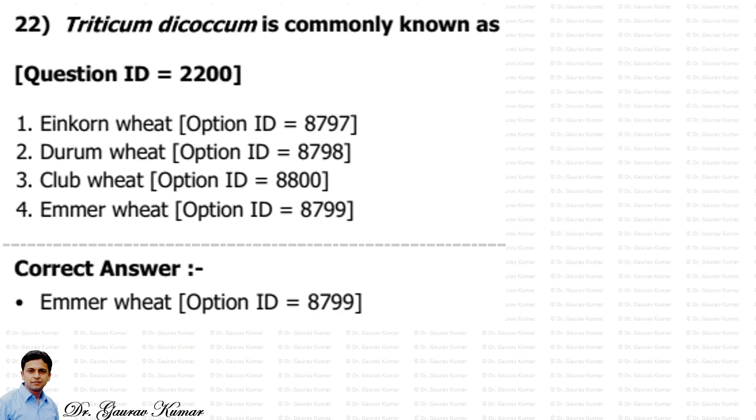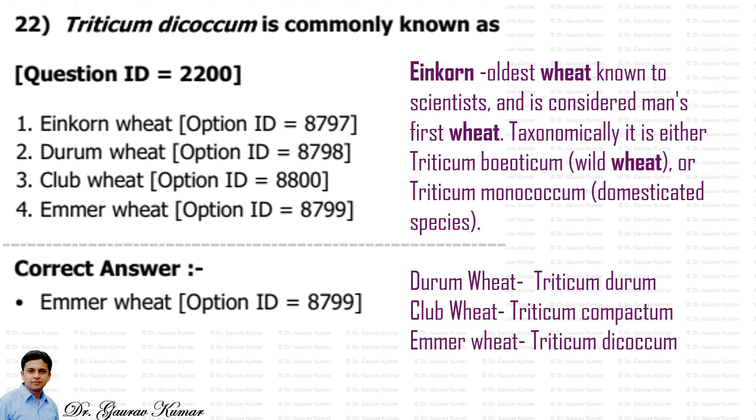Next question, Triticum dicoccum is commonly known as, so einkorn, that is the oldest wheat known to scientists and is considered man's first wheat. Taxonomically, it is either Triticum boeoticum, wild wheat, or Triticum monococcum, that is the domestic species. Durum wheat is Triticum durum, and club wheat is Triticum compactum, and emmer wheat, which is our answer, is Triticum dicoccum.